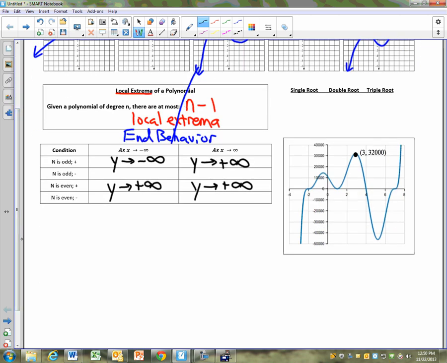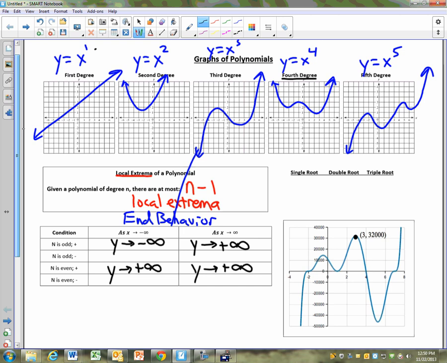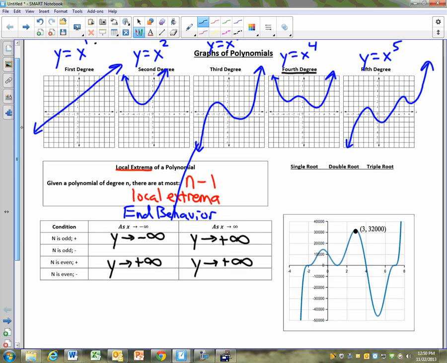And this one says if the power was even, so that's when we use the fourth degree. First would be if it was odd. And if you notice, it holds true. We could do the same thing for second, and you'd see the same scenario. What we did for third degree, you could try for first and fifth, and we'd see the same scenario.